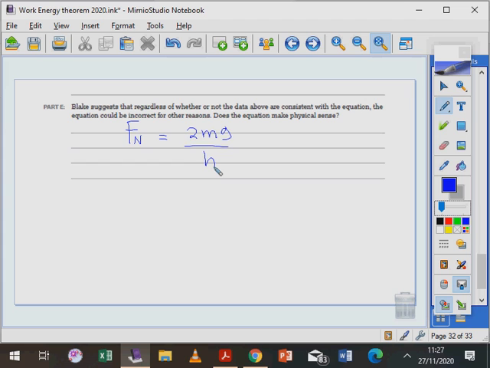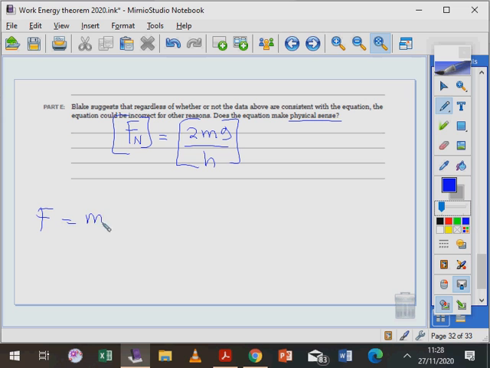Now, the clue here is this word, physical sense. If it makes physical sense, one of the things that should be true is that it should be dimensionally consistent. What that means is the dimensions of this should be the same as the dimensions of that. When I say dimensions, I just mean units.